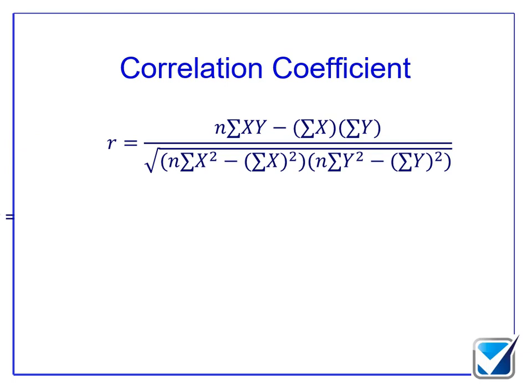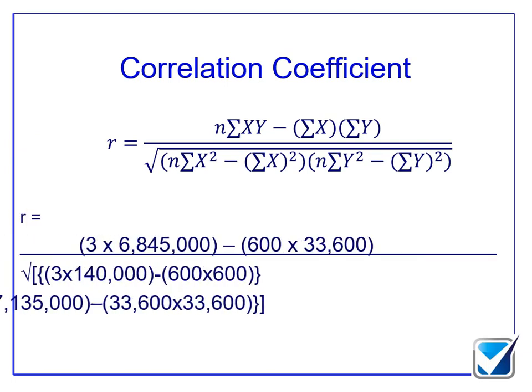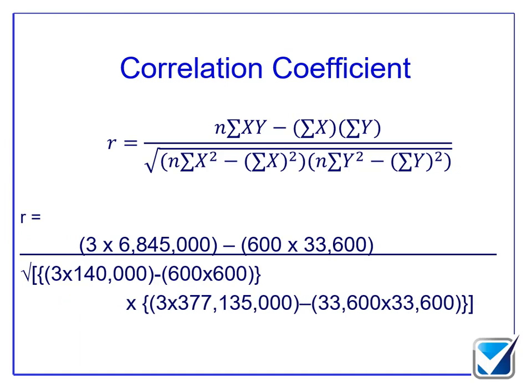And using our calculation, R equals all of that, what we now get is this calculation. So we get R equals n, 3, multiplied by the sum of xy, 684,500, minus sum of x, 600, multiplied by sum of y, 33,600, all divided by the square root of. What I've done at the bottom of my fraction is show lots of different types of brackets so you can follow it through more readily.